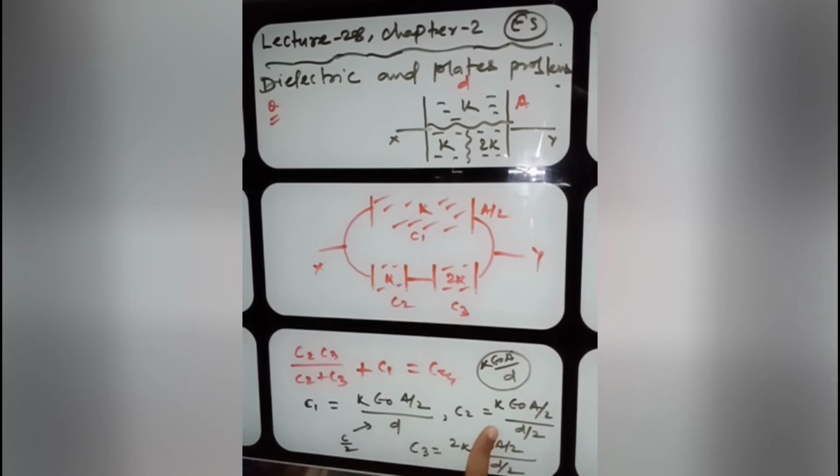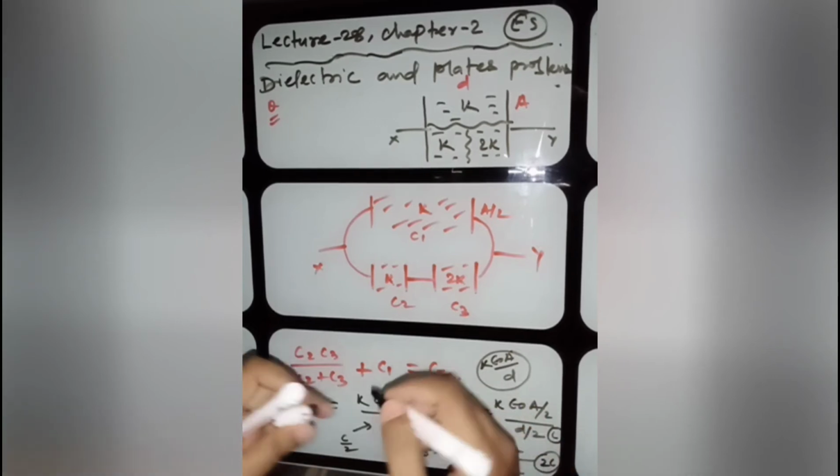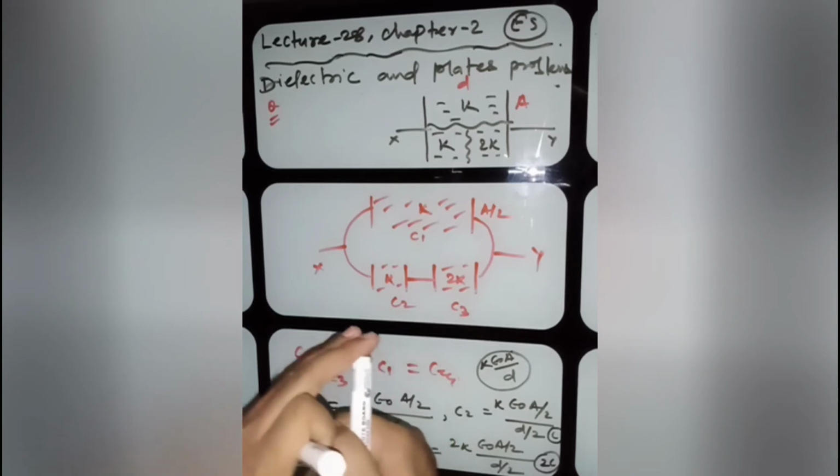And this 2 will be cancelled out, this is C, and this 2 will be cancelled out, this is 2C. Okay, this will be C, this will be 2C, and this is C by 2. Now you can put the values, and finally you will put at the place of C, K epsilon naught A by D. Okay, my dear students, in this way you have to be very smart while calculating.